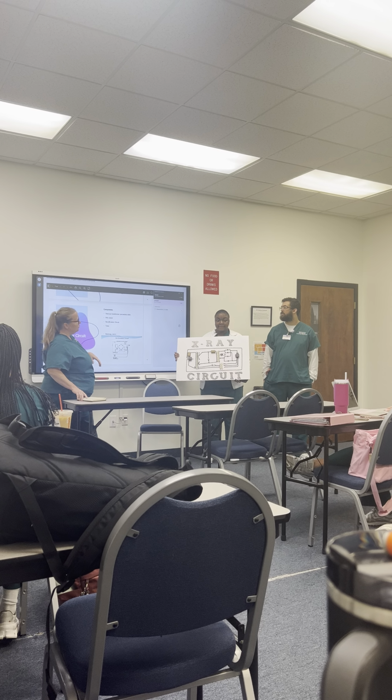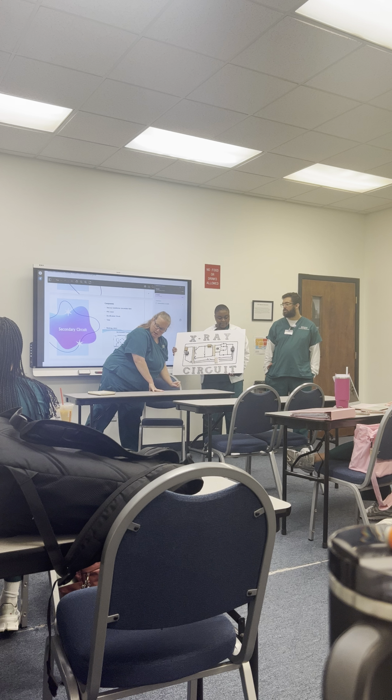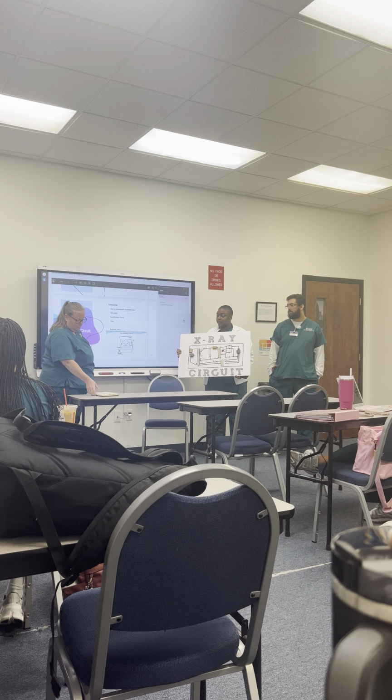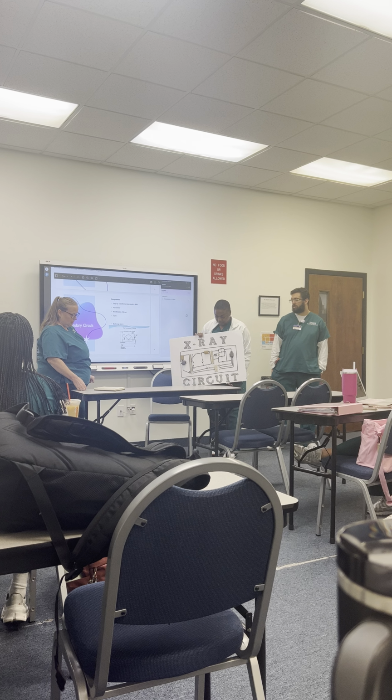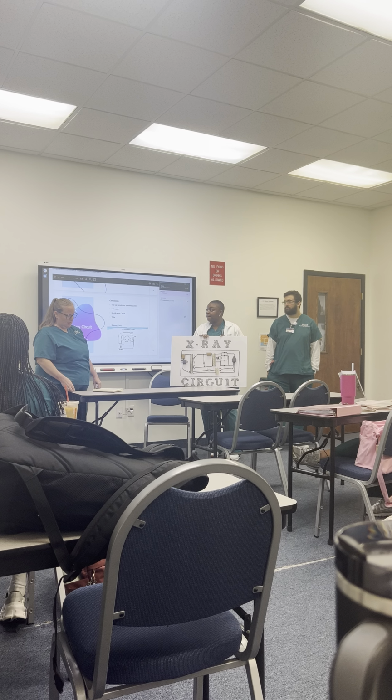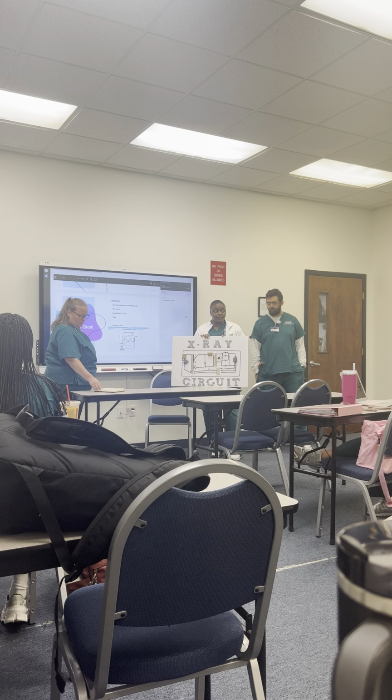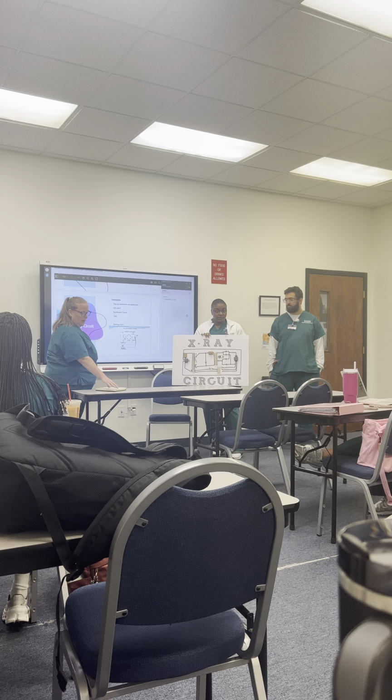And then we have the tube, which is over here. The tube converts electrical energy into X-ray photons by accelerating the electrons from the cathode to the anode. The tube contains an evacuated glass or metal envelope containing a cathode, which is the negative side of the tube, and an anode, which is the positive side of the tube.